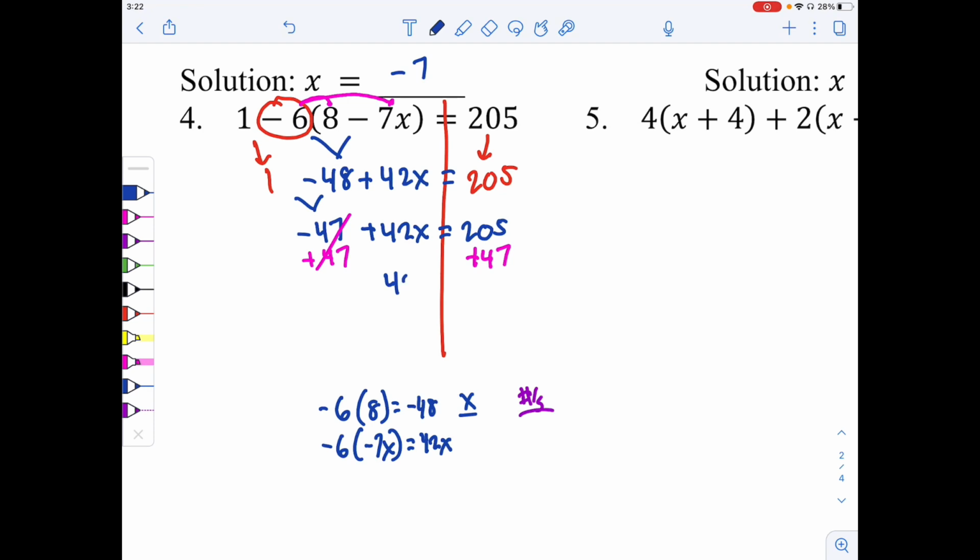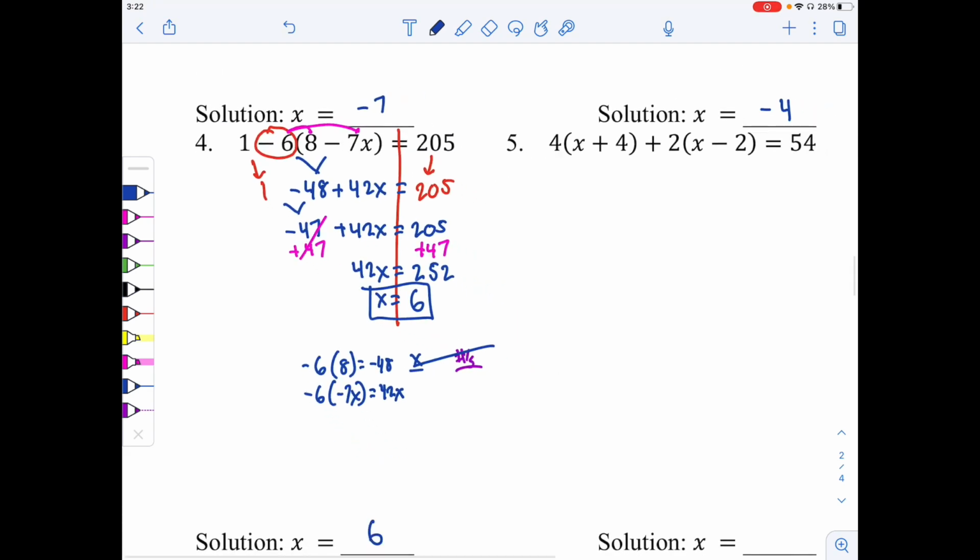We get 42x equals 205 plus 47, 252. Right, and then we're going to take 252 divided by 42. We get 6. So x equals 6.